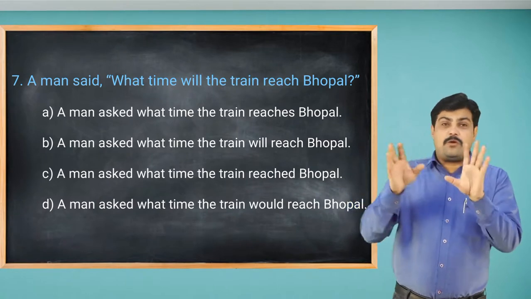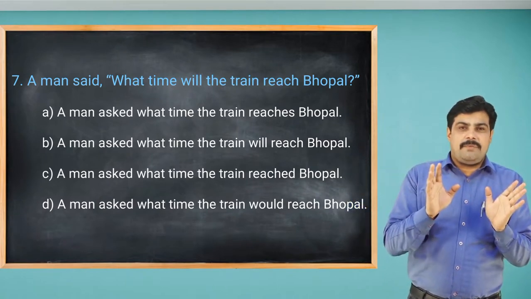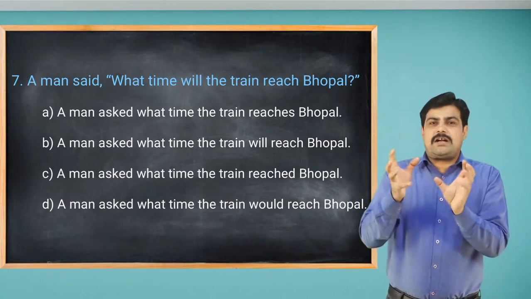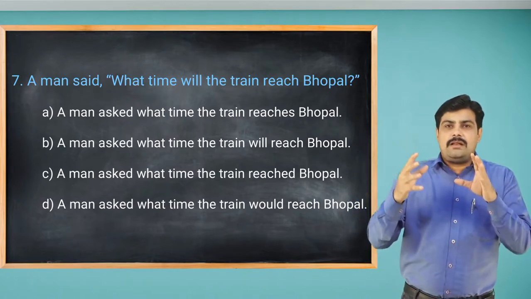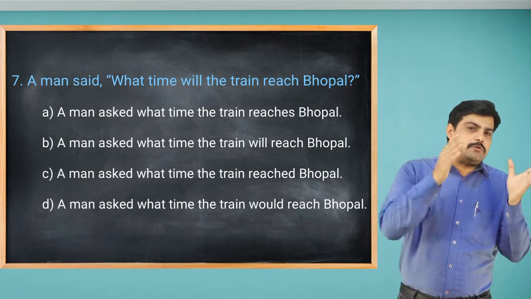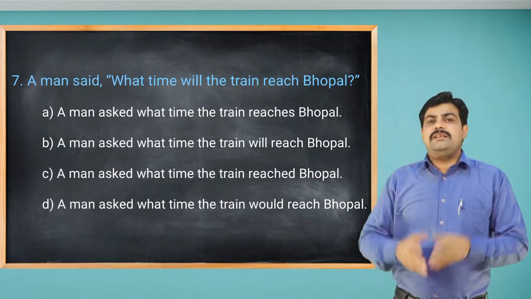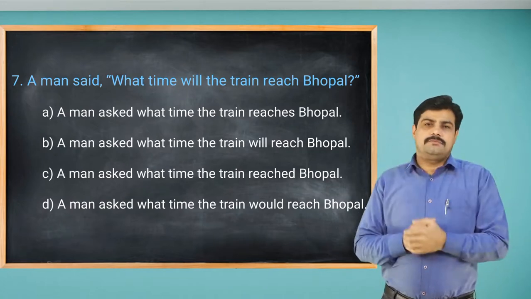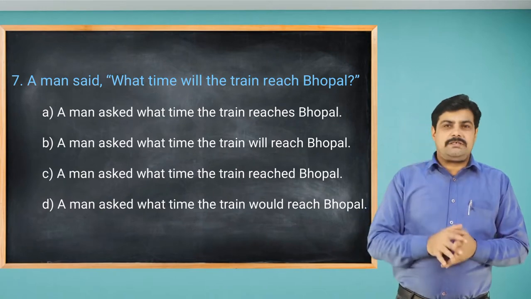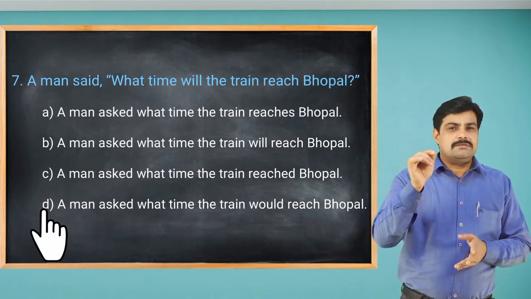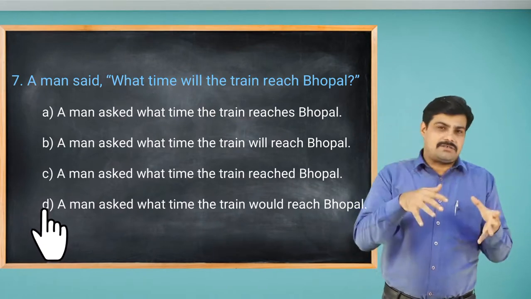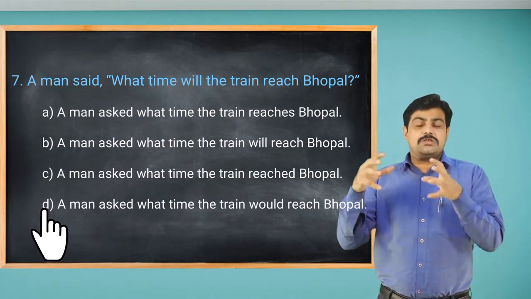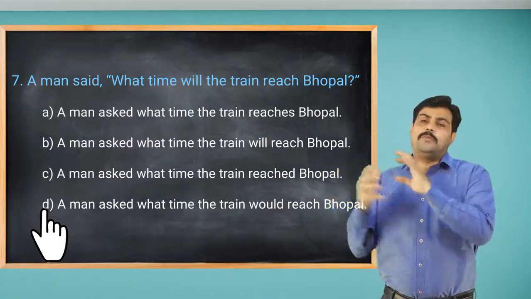If or whether will not be used because the reported speech starts with a question word. Tense will change into corresponding tense, means will into would. So according to this, the correct option is option D. Yes, a man asked what time the train would reach Bhopal.